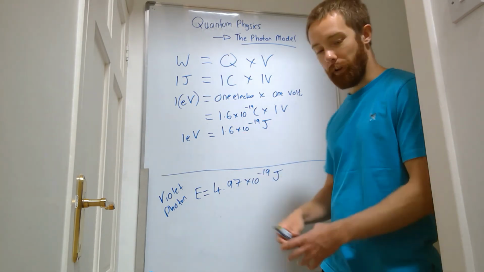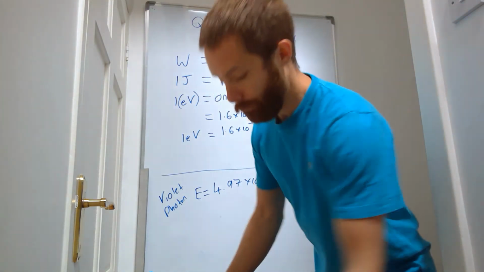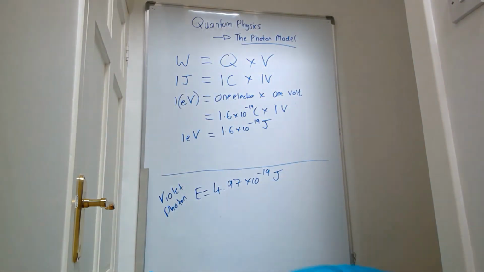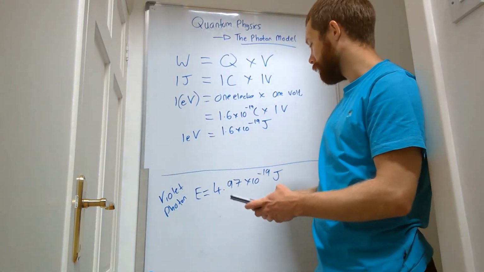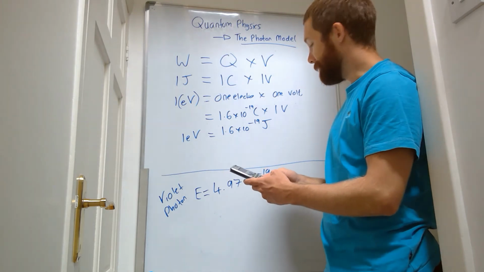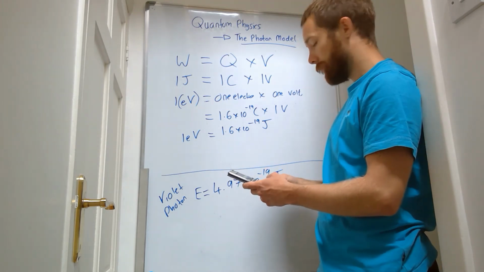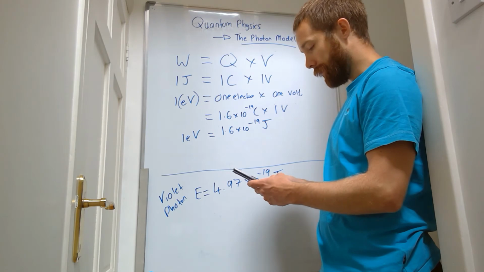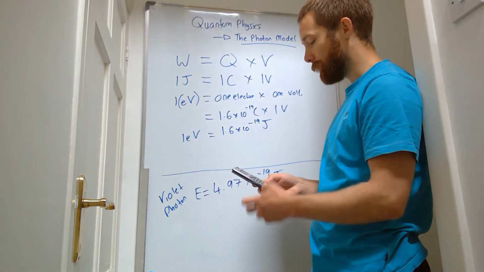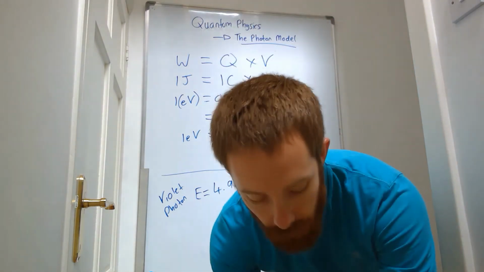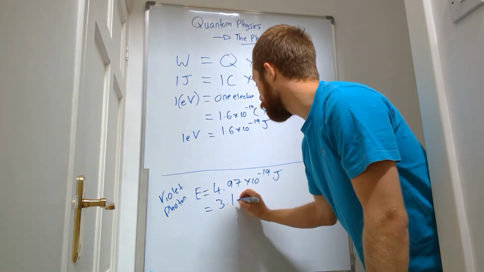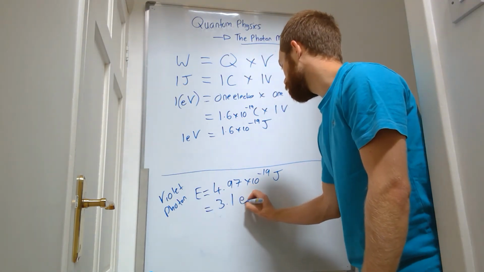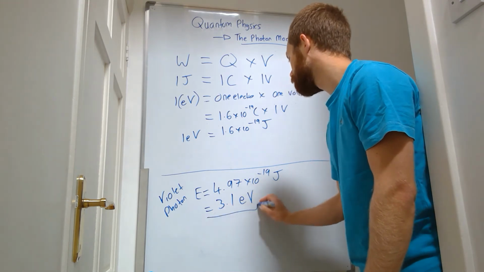So this divided by that. Okay, so 4.97 times 10 to the minus 19 divided by 1.6 times 10 to the minus 19 is going to give me 3.1 electron volts.